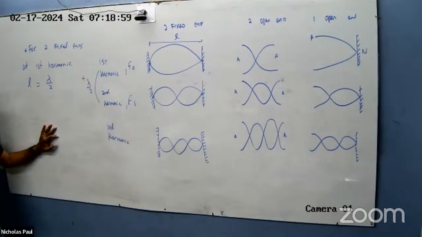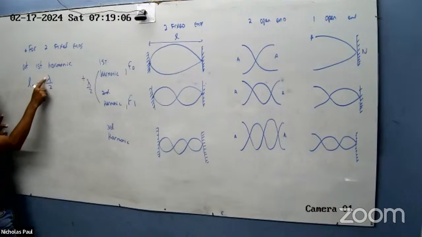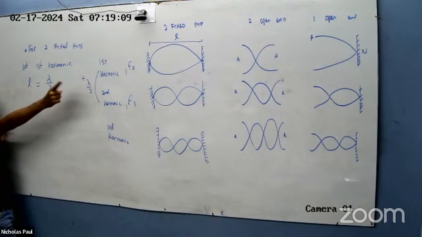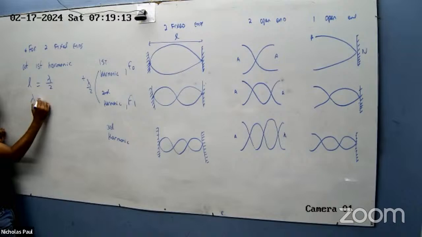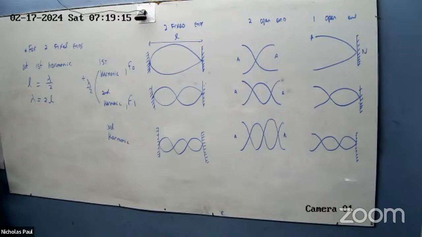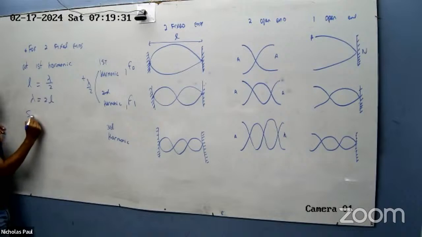No, pi is not about length. That's phase. The length of that wave is lambda on 2. So lambda is equal to 2L. So frequency is what?